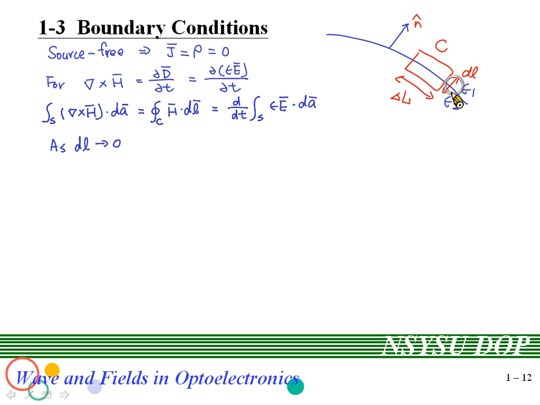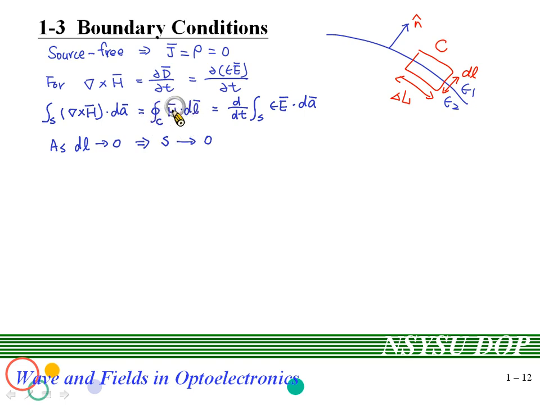Due to dl being almost 0, the area formed by this rectangle will be almost 0 too. So the surface area of this rectangle approaches 0. As a result, due to S approaching 0, the contribution of this integral will be 0.